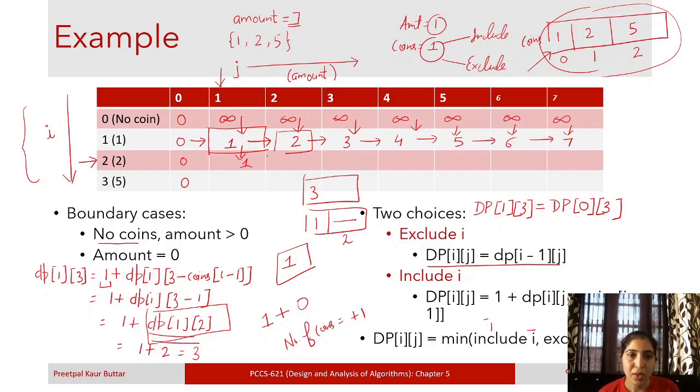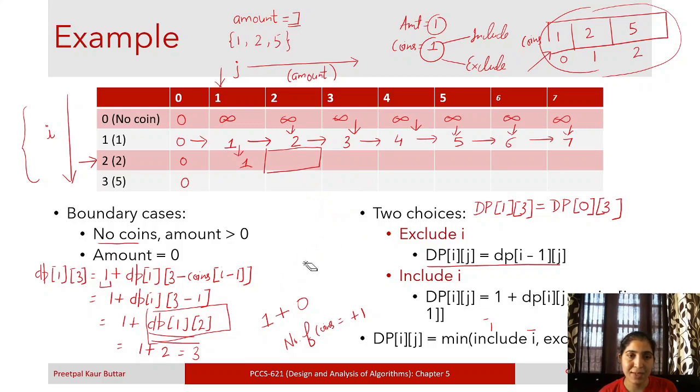Now let us move to this. Let me remove these boxes. Now we are here at this cell. Here we want to make amount, let me delete some extra things here so that we can focus on this.